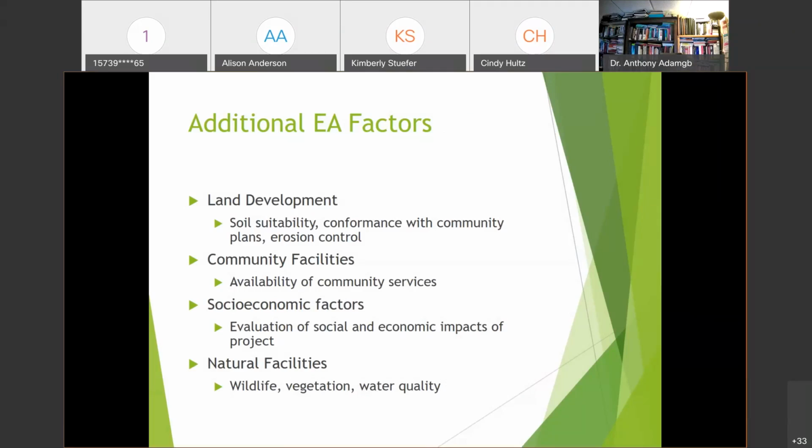But basically, you're looking at 4 areas. So the land development, you're looking at your soil suitability. You want the project to conform with community plans, and to take into consideration erosion control measures.